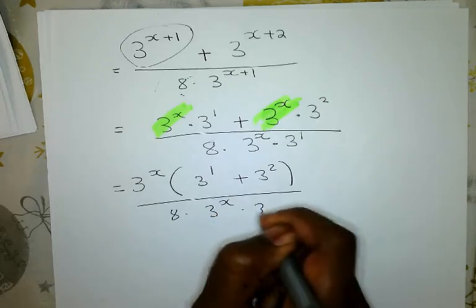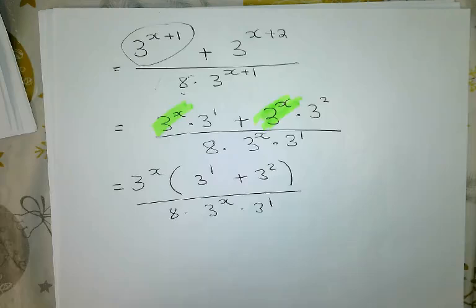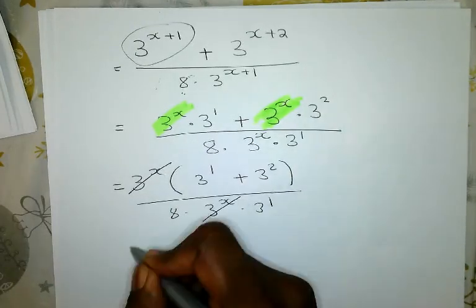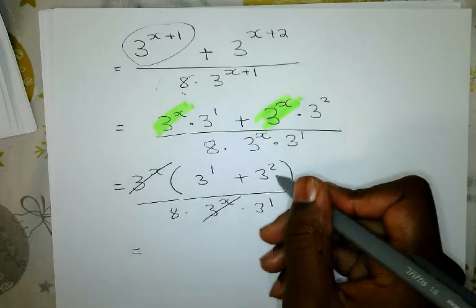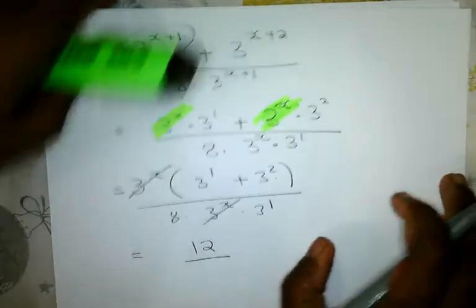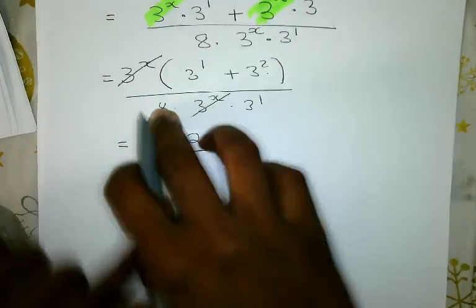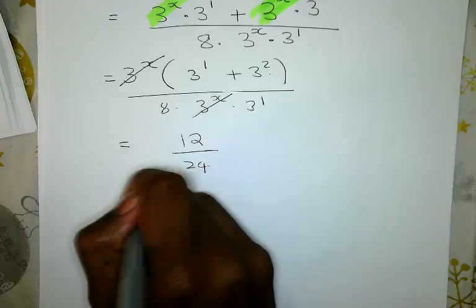This and this is going to cancel out. 9 plus 3 is 12. 12 multiplied by that is 24. This becomes 1 over 2. Okay, let's go on.